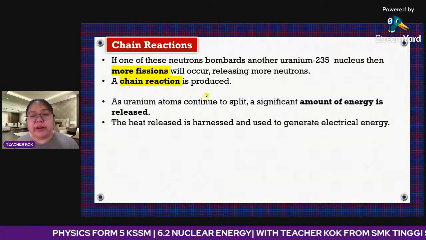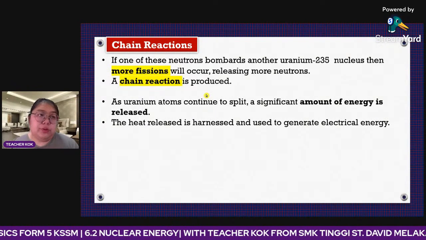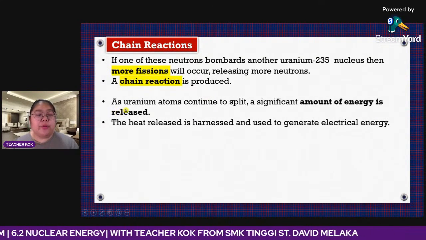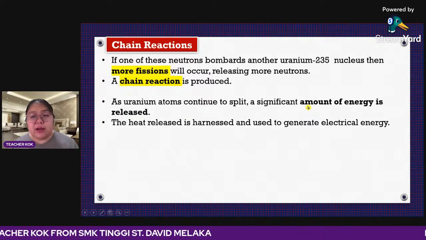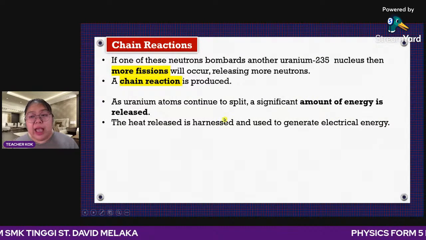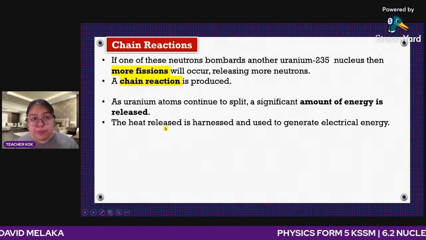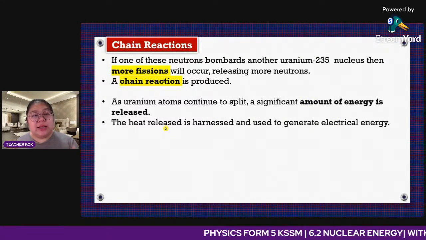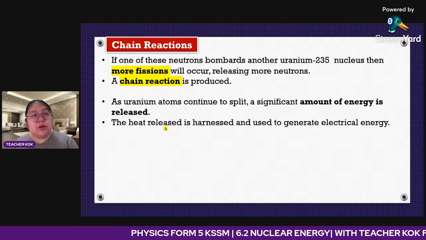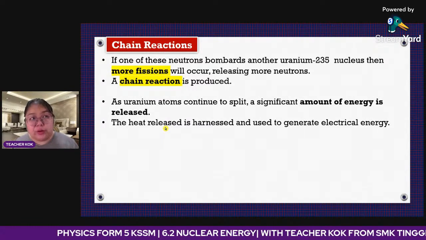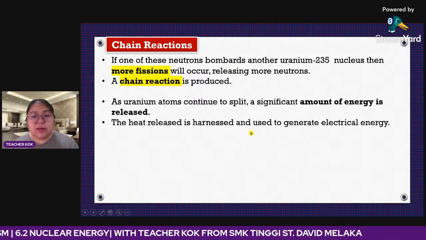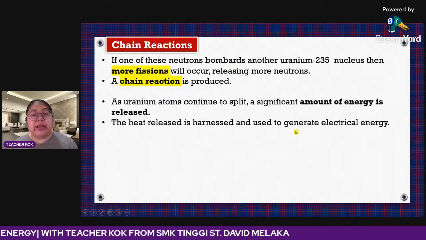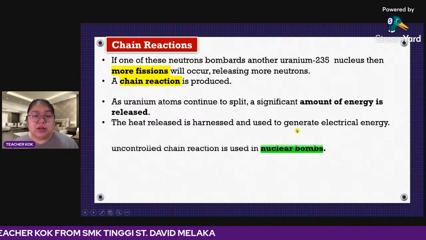For a chain reaction, a very, very large amount of energy will be produced. As the uranium atoms continue to split, a significant amount of energy is released. One part releases one energy. Now you got so many neutrons, that means you got so much energy produced together. From here, the heat released is harnessed and used to generate electrical energy.